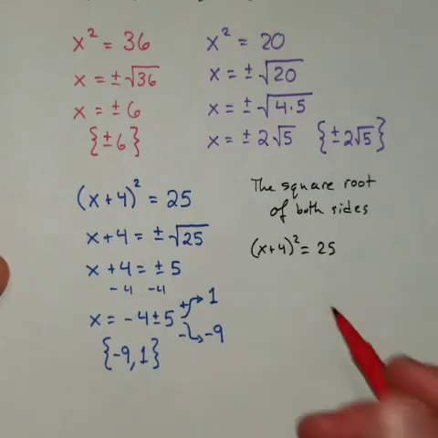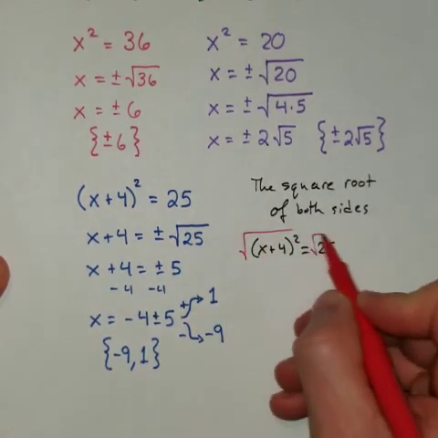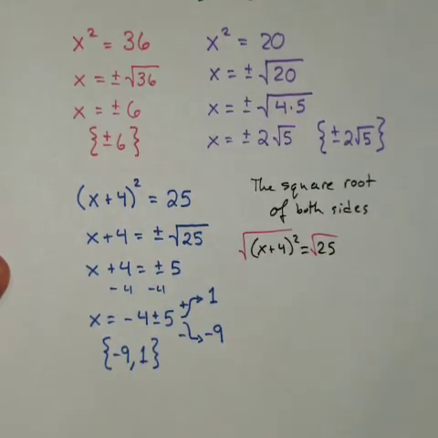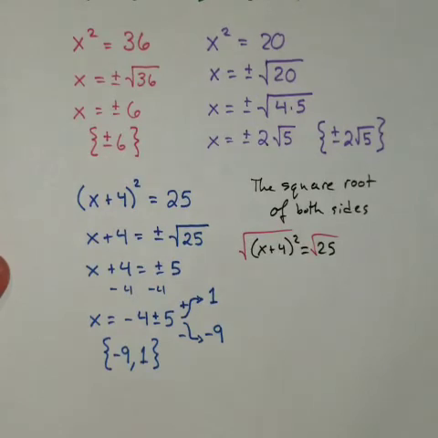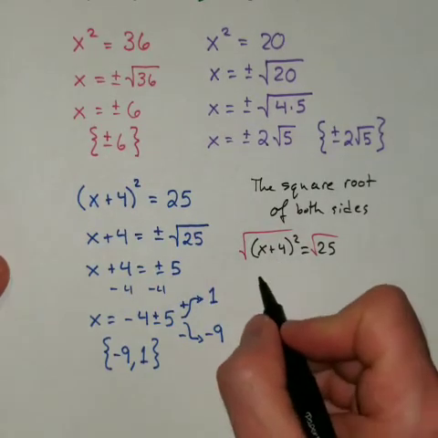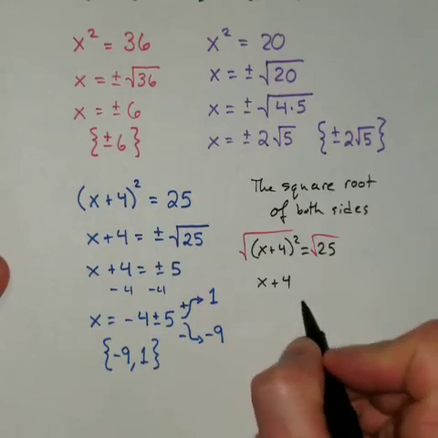Some people will apply a square root on both sides, and that's fine as long as you remember, because a square root of a square drops off the square, right? So we get x plus 4.